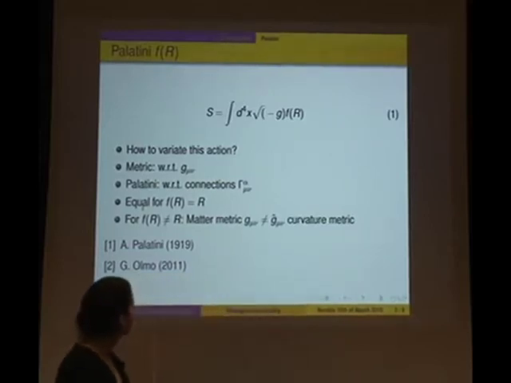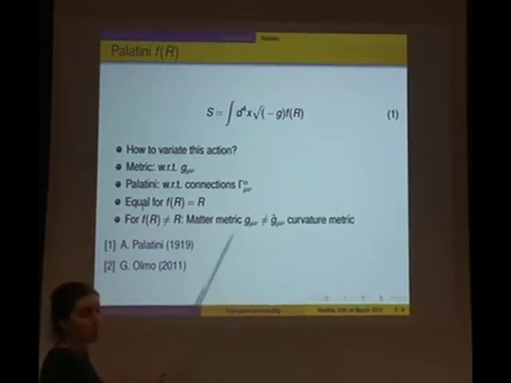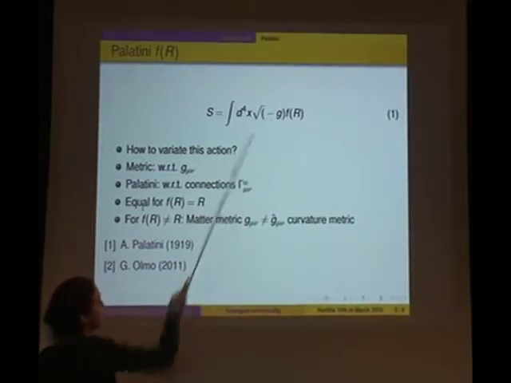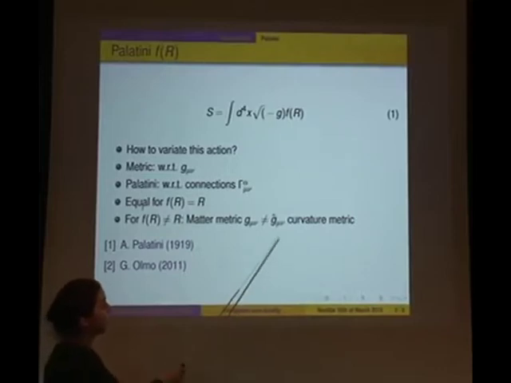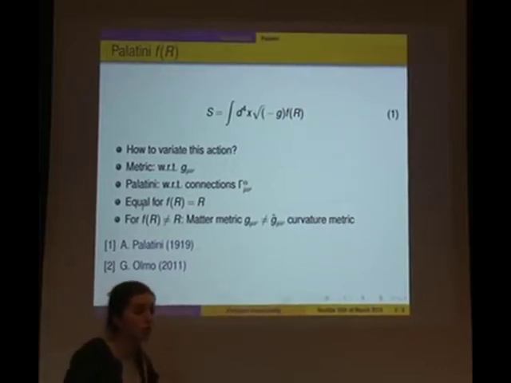You still have this metric g_mu nu, which is this one, but then in addition you have this curvature metric to which these connections now belong.